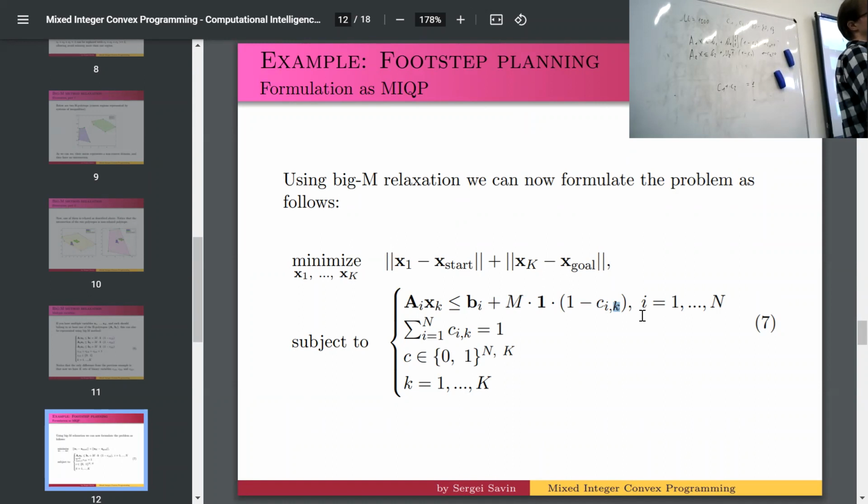For x2, it will be c12, c22, c32, etc. So those variables are one variable for each polygon. Inside each polygon, one variable for each x. Or if you want, one variable for each x, and for each x, as many variables as there are polygons. Okay, and that is it.